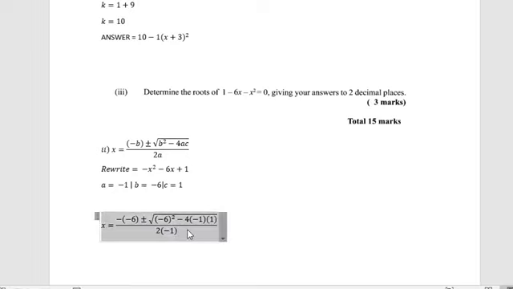And it is now this that we're going to continue work on until we arrive at our final answer.